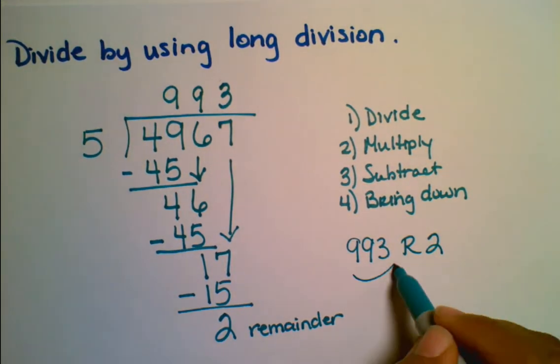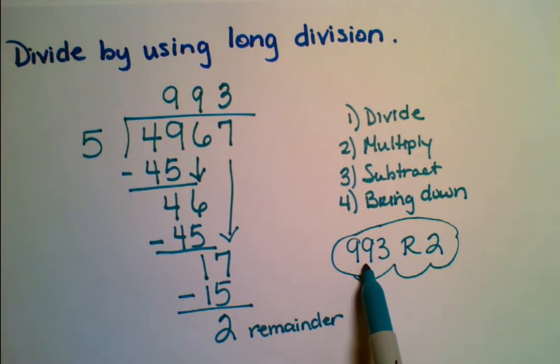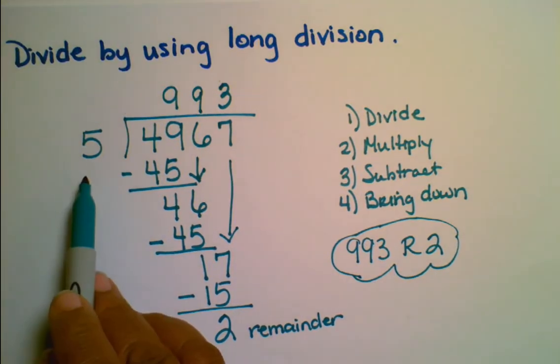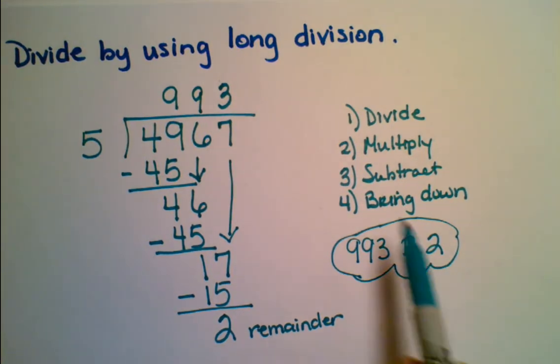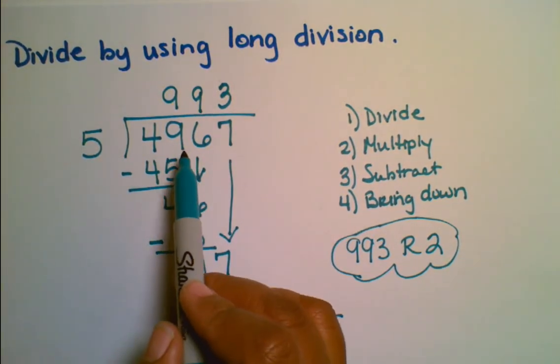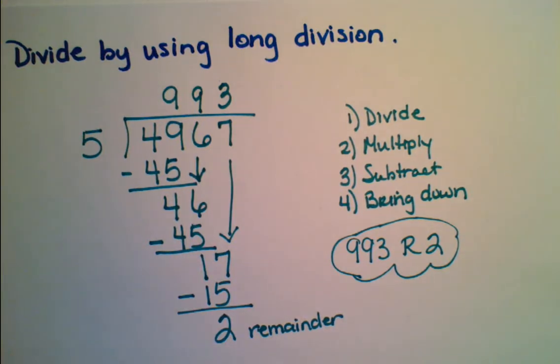Because if we wanted to check our work, we would take the 993 times 5, which would get us 4965, and then we would add 2 to that to get 4,967.